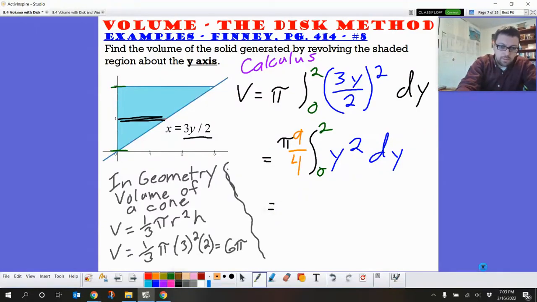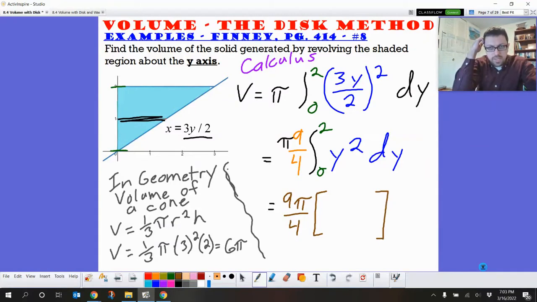So this equals, I'm just going to clean that up a little bit. We've got 9 pi over 4. And let's integrate that. We need to do y cubed over 3. And we're integrating from the values of 0 to 2.